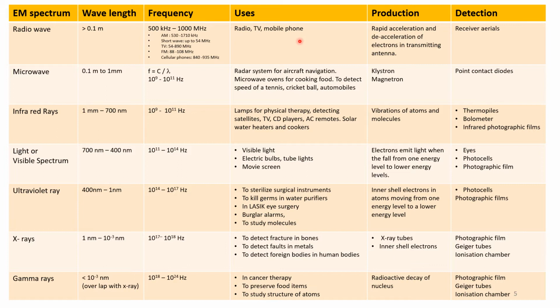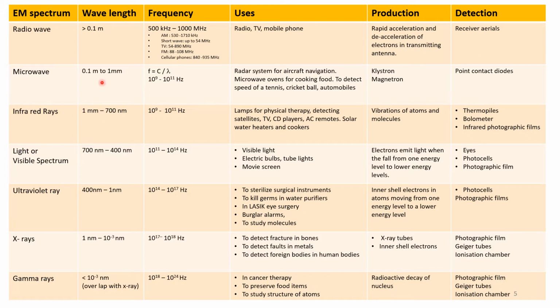It is produced using rapid acceleration and deceleration of electrons in aerials, and it is detected by receiving aerials. These can be observed very clearly in radio transmitting stations, for production, and radio receiving stations, for detection.